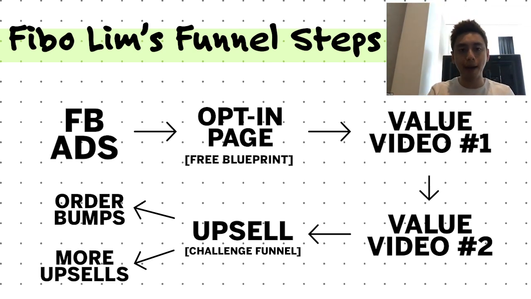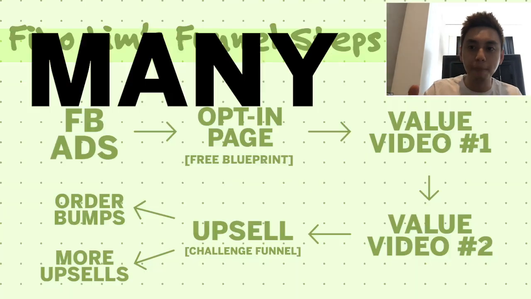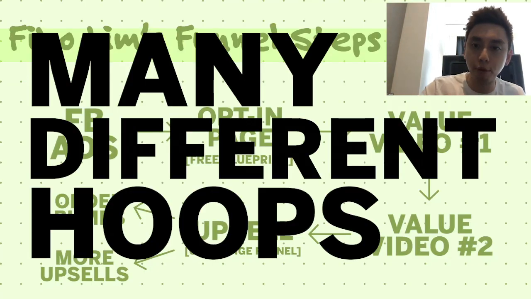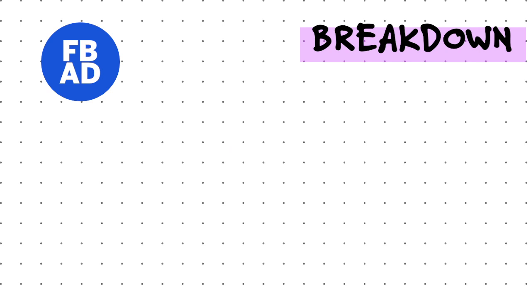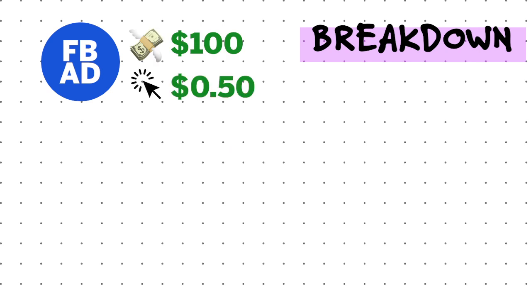Because right now you are putting them into many different hoops to jump through before going on to the challenge itself. So if you think about it, let's say you spend $100. Without diving into those numbers straight away, I already know roughly this would be it. If you spend $100 and you did pretty well on your ad, let's say it was 50 cents per click on average, for simplicity, you would have 200 clicks going on to your opt-in.